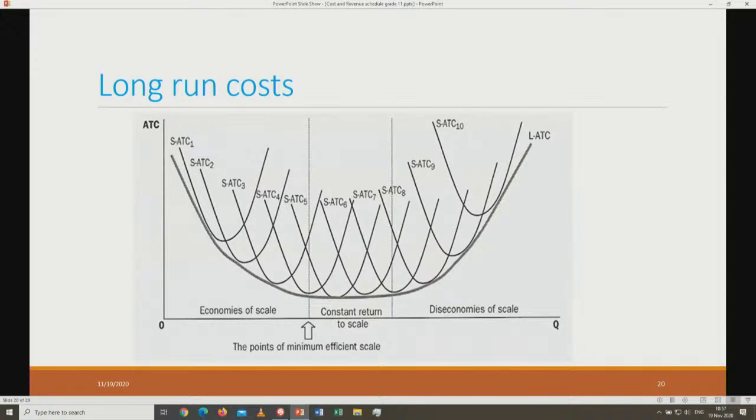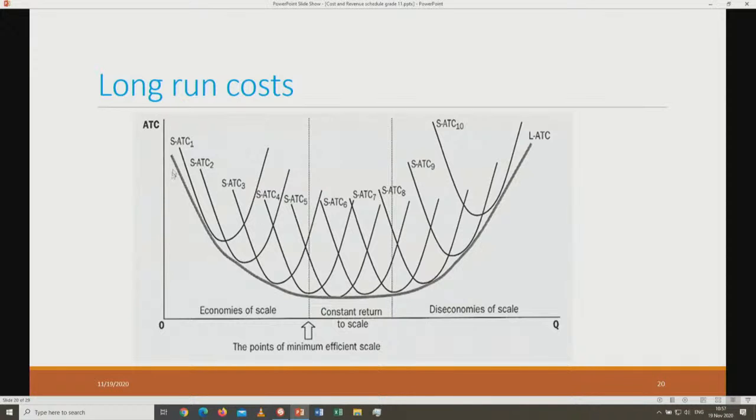The average costs are exactly the same from one unit produced to the next. When you produce from this point to this point, you're getting exactly the same average cost. There is no extra addition of cost. We call this constant returns to scale.